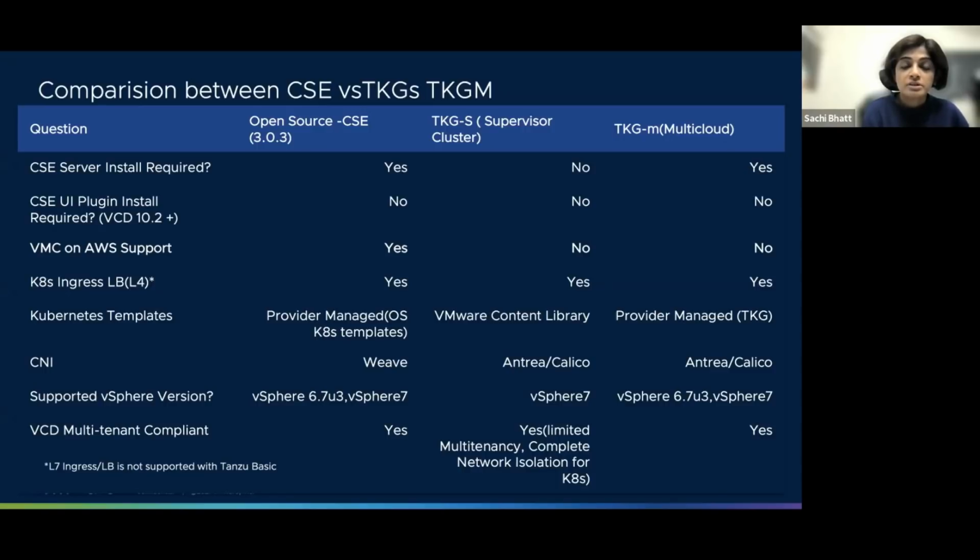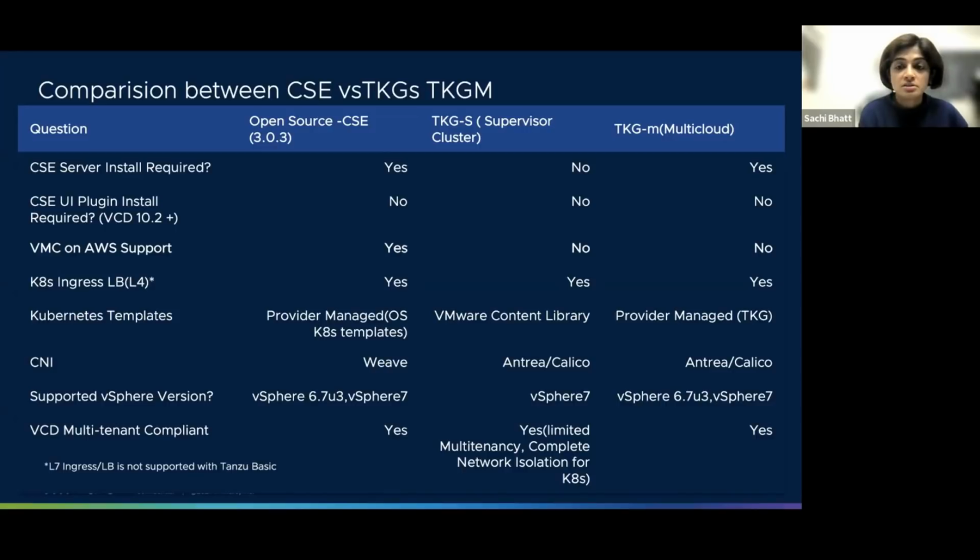So for container service extension, we'll cover this slide. For container service extension, the CNI plugin is Weave today. TKGS and TKGM currently use Antrea as a CNI plugin by default. As a customer, you can change it to Calico, but you have better support using Antrea because it's through VMware. The second topic is supported vSphere versions.